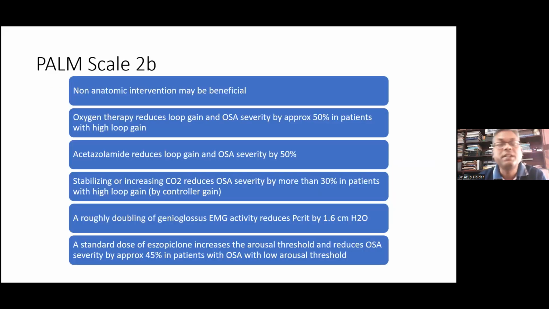PALM scale 2B is more physiologic than anatomic obstruction. Here, non-anatomic intervention may be beneficial. Suppose the patient is having a very high loop gain, then we have to stabilize the ventilatory system. How can it be stabilized? Now, oxygen therapy reduces loop gain and OSA severity by approximately 50% in patients with a high loop gain state, or acetazolamide reduces loop gain and OSA severity by 50%.